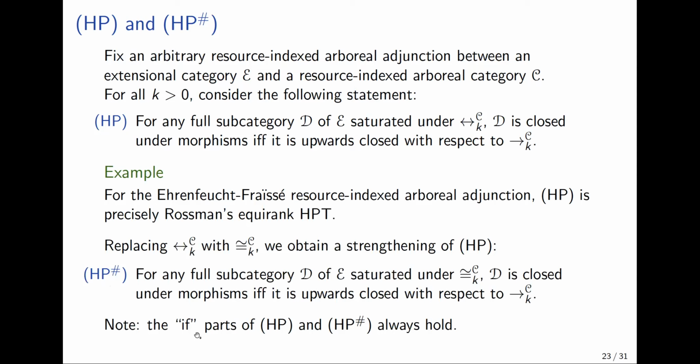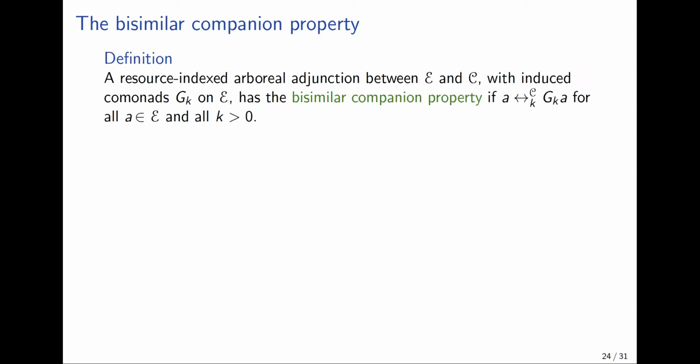Something that should be pointed out here is that the if parts in both statements always hold. So the interesting part is the only if one. Okay, so I'll try to be quick. Now we want to find sufficient conditions for this property HP to hold in a category, given some resource-indexed adjunction.